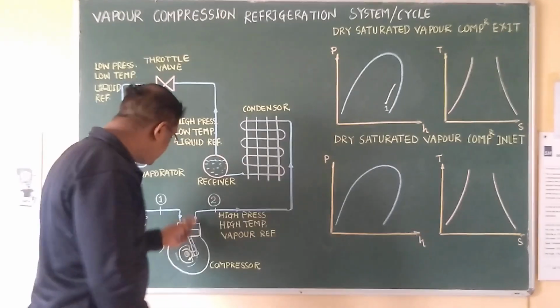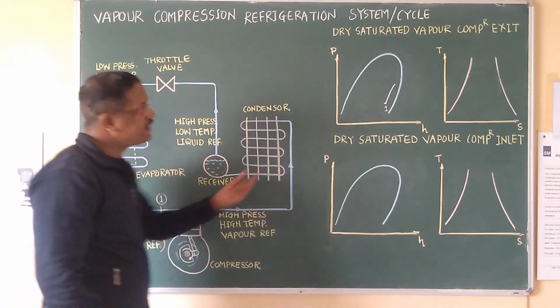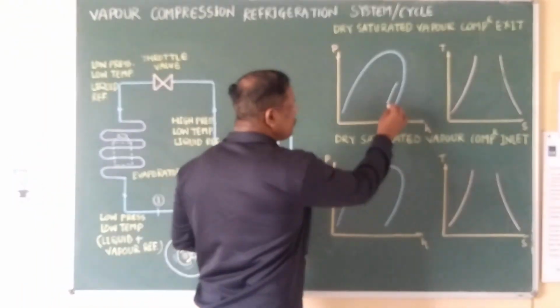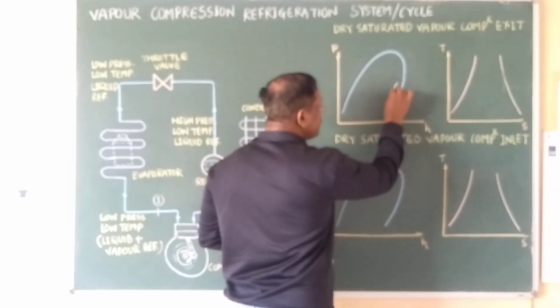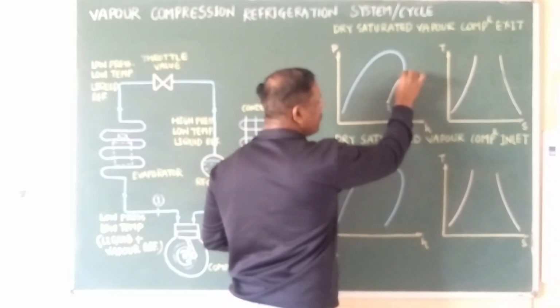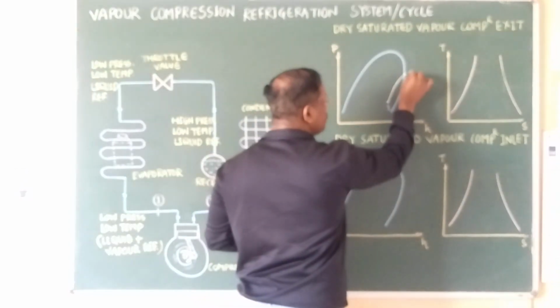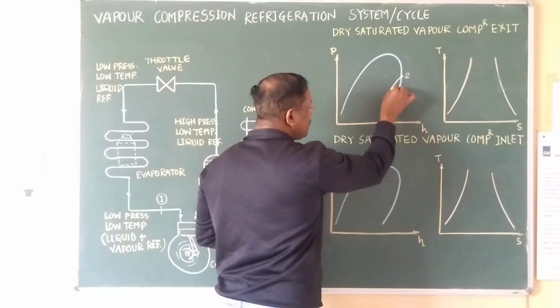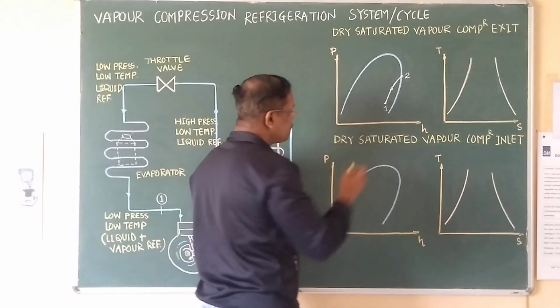And at the exit point after compression, we are taking the case when it reaches dry saturated vapor. So at the exit point, we will reach this point on the curve, and this is point 2. So 1 to 2 is a compression process.